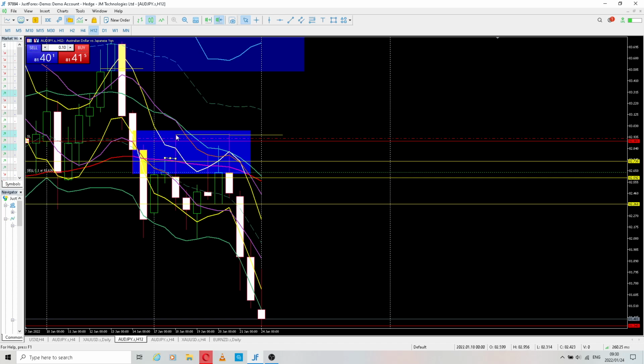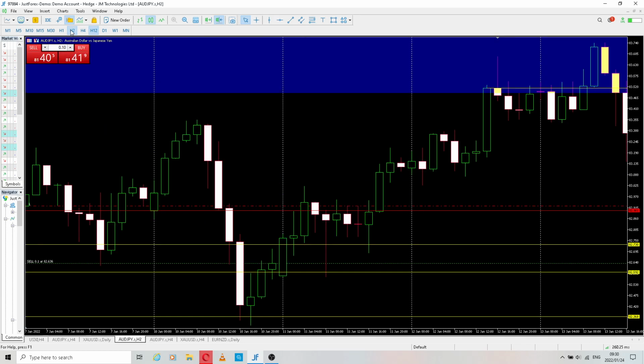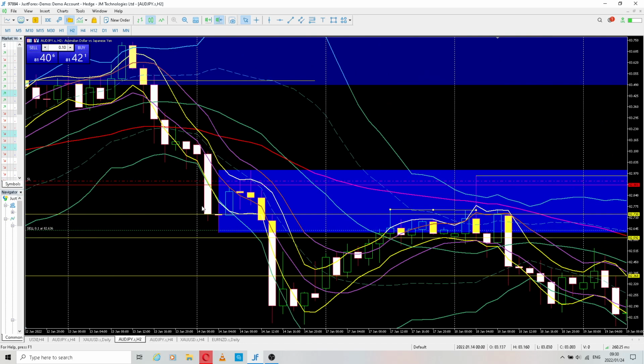So the market went above on that day to create a re-entry. As you can see, guys, so this was the first day. The next day, this was what happened. The market went above it to create a re-entry. What is this? An extreme. This is an extreme, guys.